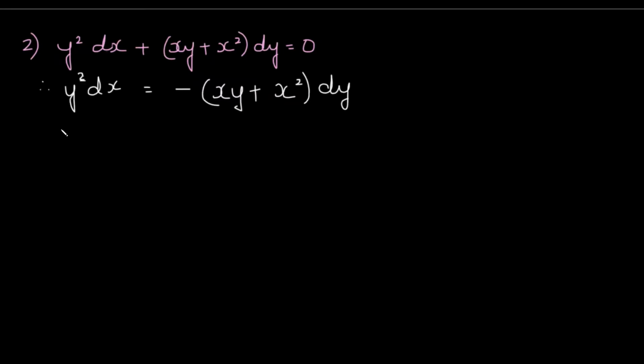Now we follow the steps which we studied earlier. That is, we write this in the form of dy by dx. So when we take dx this side on the RHS, it becomes dy by dx.